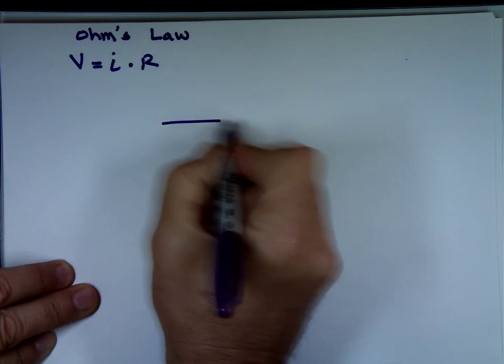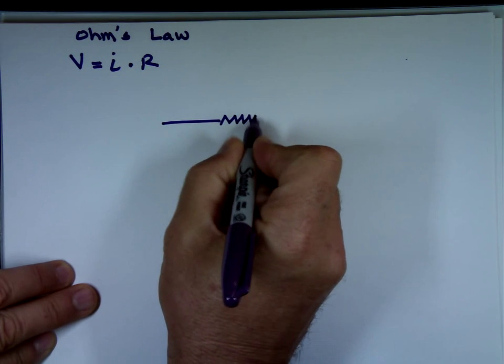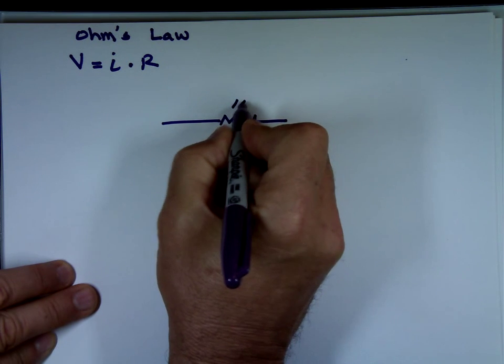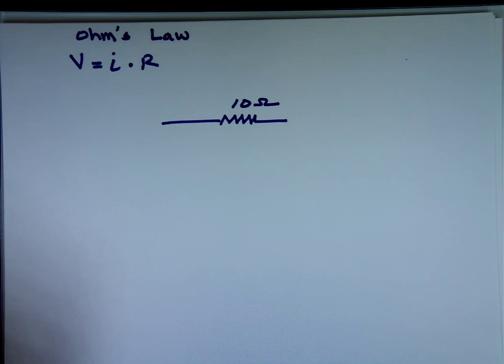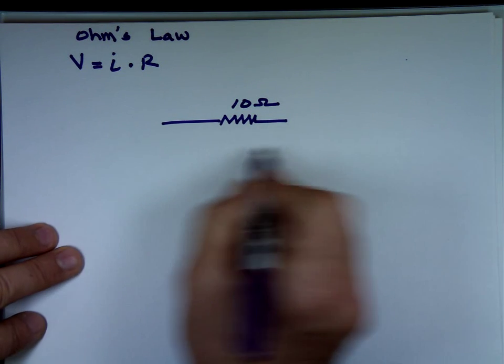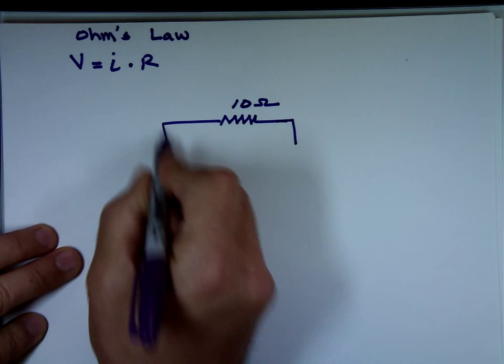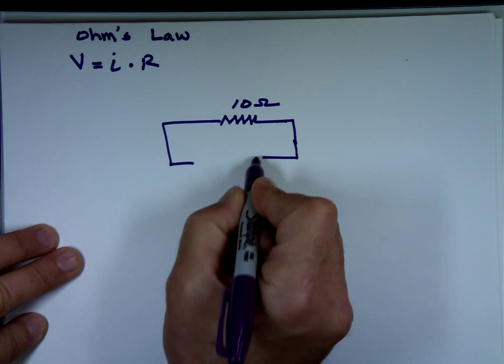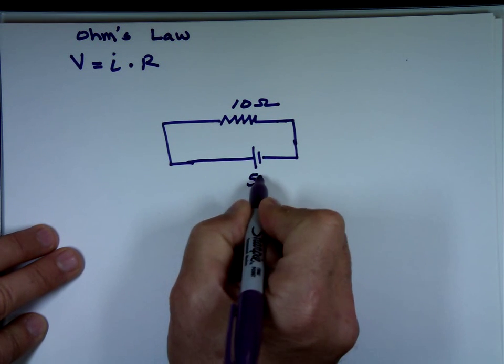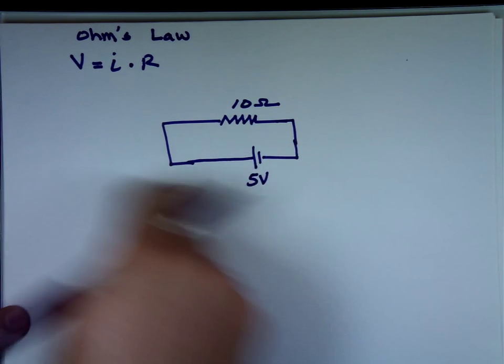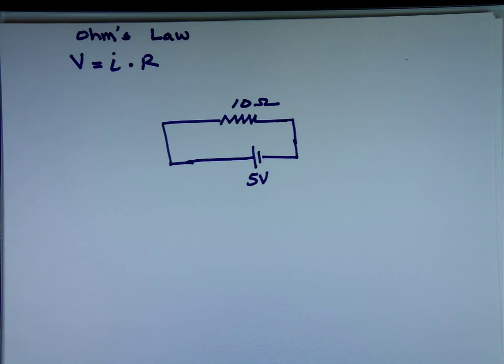If you take a resistor, this is a picture of a resistor, let's say 10 ohms, and you apply a voltage source to it, let's say 5 volts. This is going to force a current to travel through it, through the source.